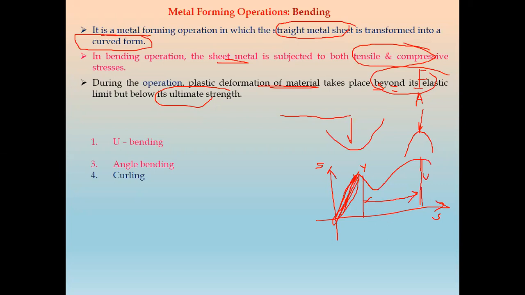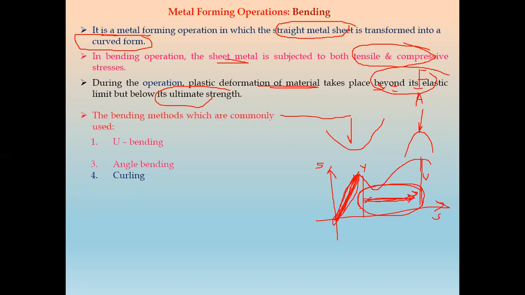When we stress any component within this elastic limit and then remove the force, it will regain its original shape. But in the plastic region, when we apply force or stress beyond this limit, it will not regain its original position. So it will form a new product or component or new shape.